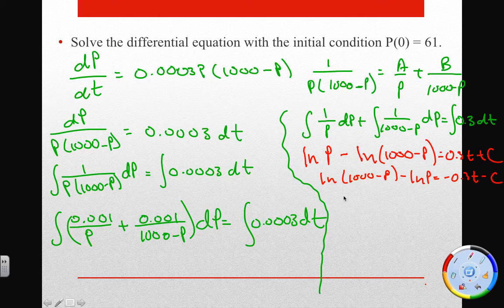And your logarithm properties say if I have the difference of two logarithms, I can create it as a quotient.